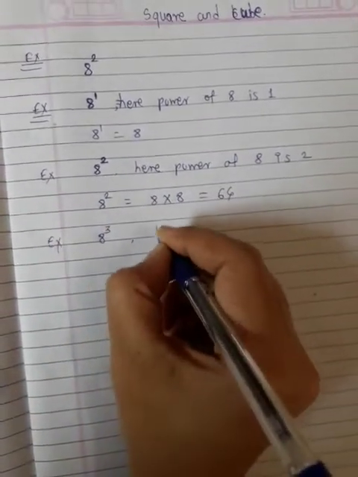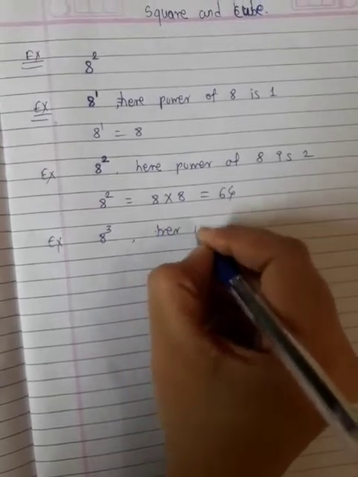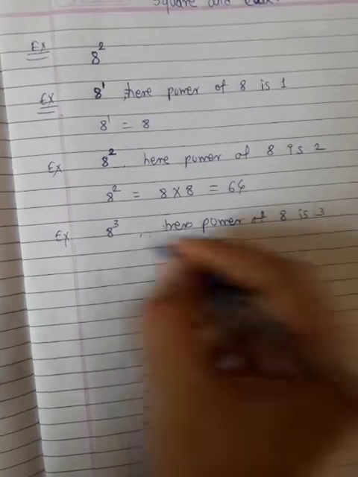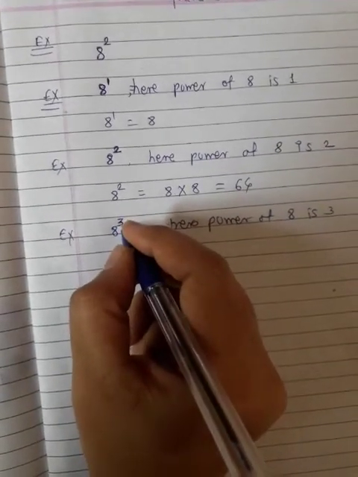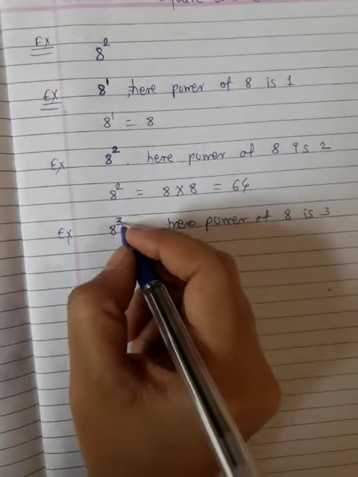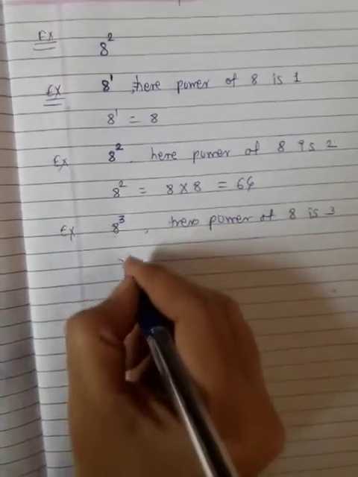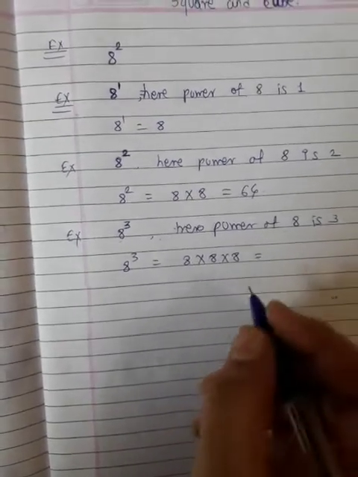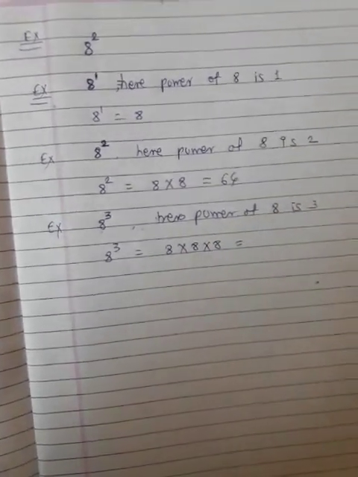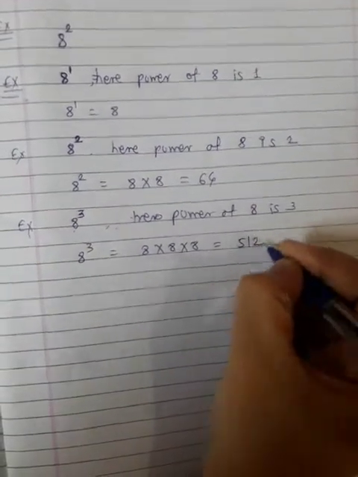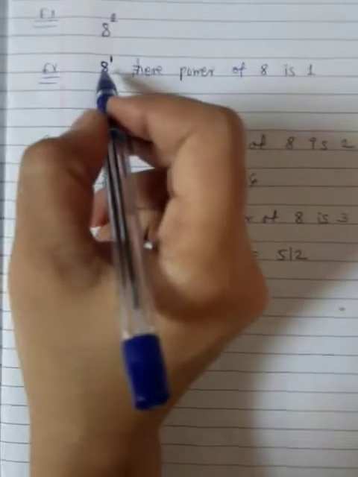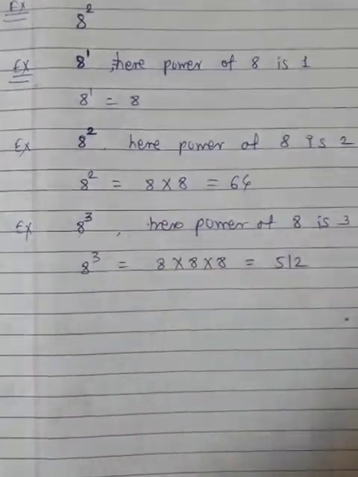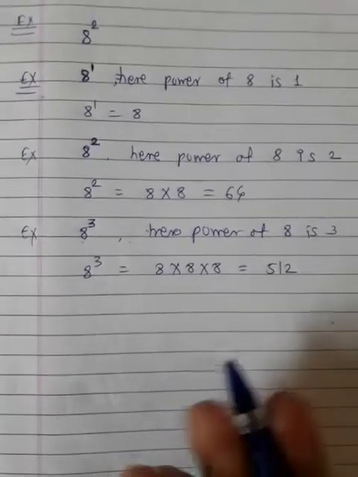Here power of 8 is 3, so this is the third power of 8. It gives you 8 into 8 into 8, which is 512. So 8 raised to 1 means first power of 8, 8 raised to 2 means second power of 8, 8 raised to 3 means third power of 8. If we have 8 raised to 4, it means fourth power of 8.